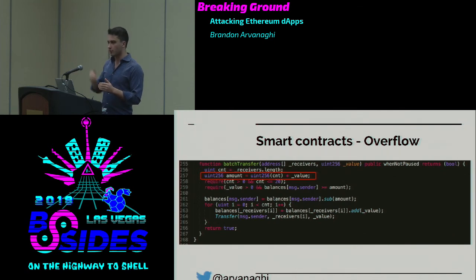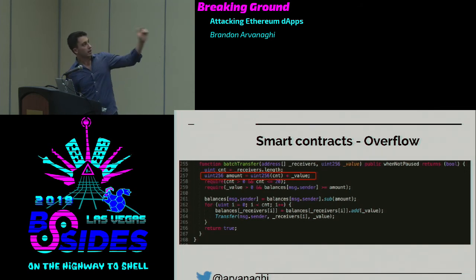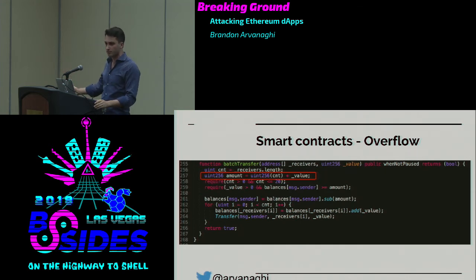You call it once, you have an array of all the people you want to receive the token, and you provide the value. Unfortunately, they didn't check for an overflow. So there's an overflow vulnerability here in which the attacker was able to forge the fact that they had millions of dollars of tokens, essentially. And that site goes into this step-by-step.